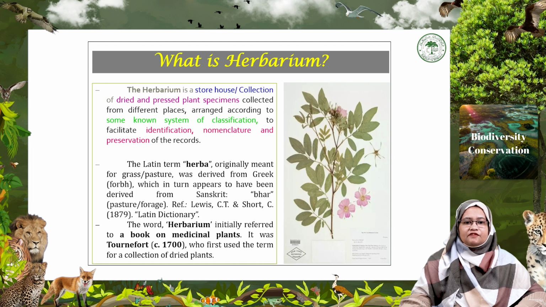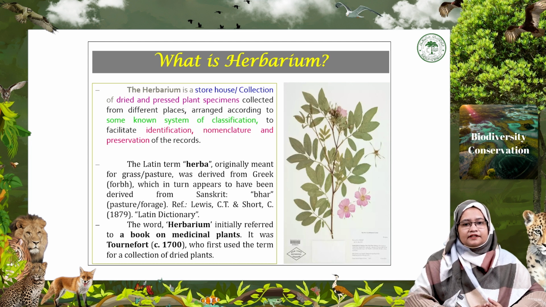The primary aim of a herbarium is to document biodiversity and facilitate research on plant taxonomy, ecology and conservation. Herbaria have a rich history dating back to the Renaissance, when botanists began collecting and cataloging plants systematically. Understanding the evolution of herbaria provides context to their current relevance.